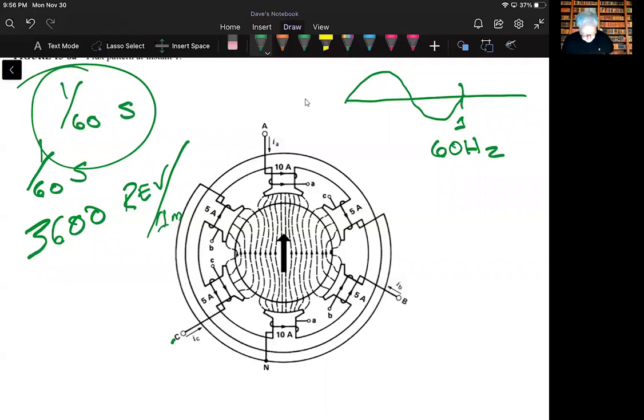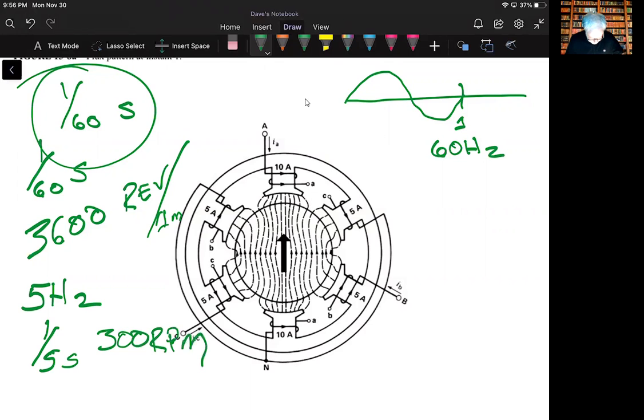And then to wrap this up, if the frequency were 5 hertz, then it would make a complete turn in 1/5 of a second, or in 1 minute, it would make 300 revolutions in 1 minute.